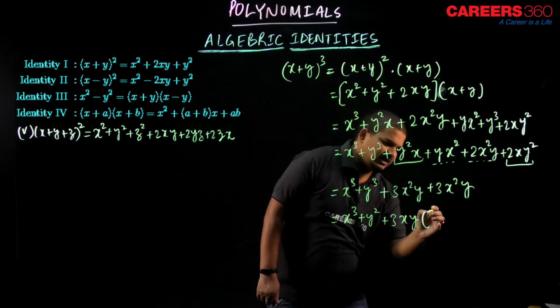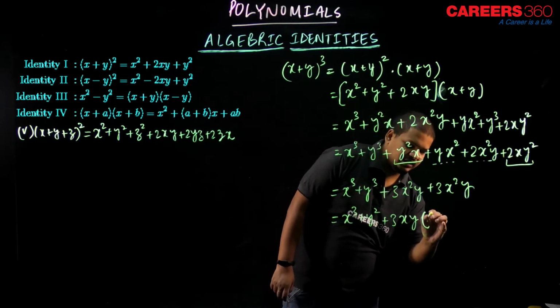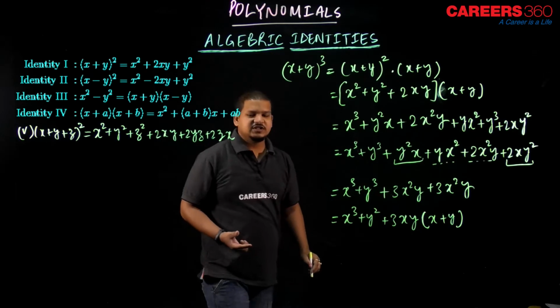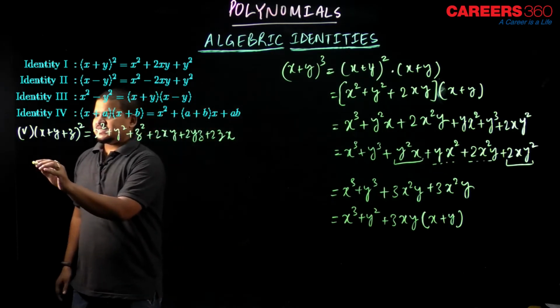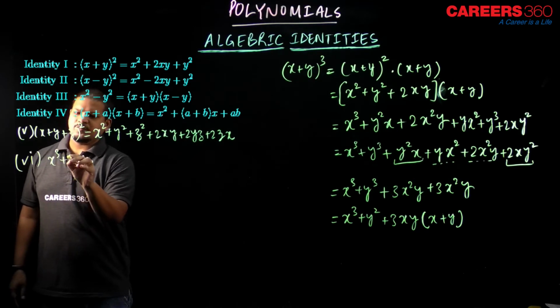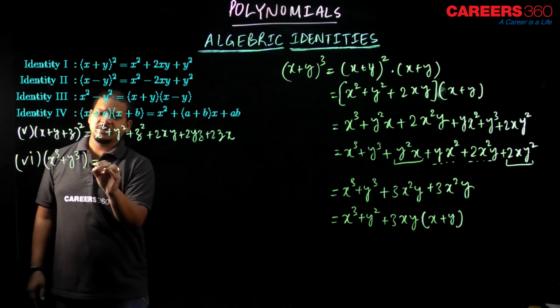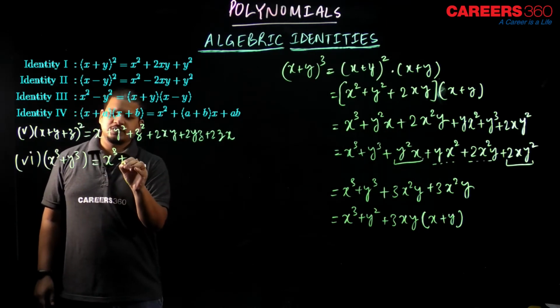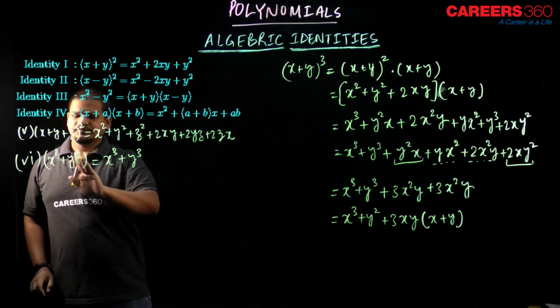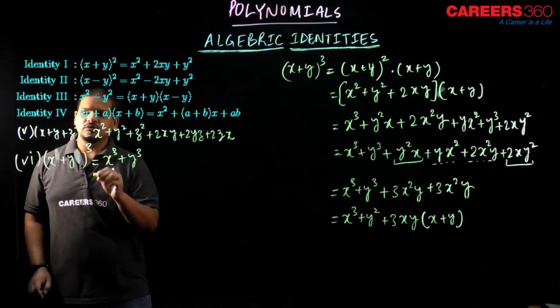If I take 3xy common, I'll get x plus y, right? This is the final expression I'll get. So our sixth identity will be x cube plus y cube, and that will be equal to, sorry, (x plus y) whole cube, (x plus y) whole cube, right?